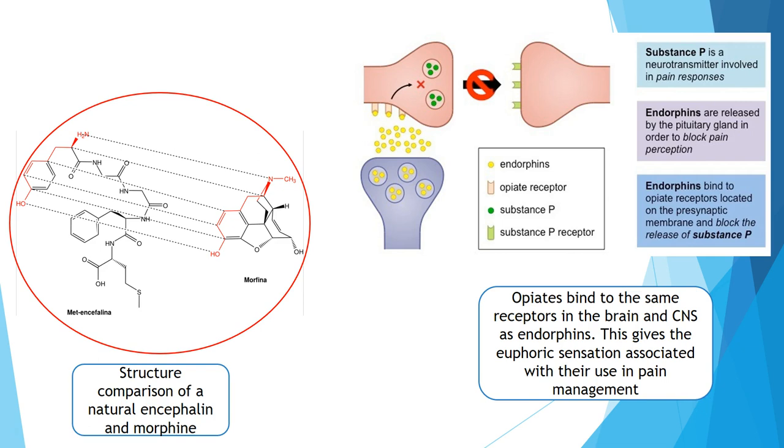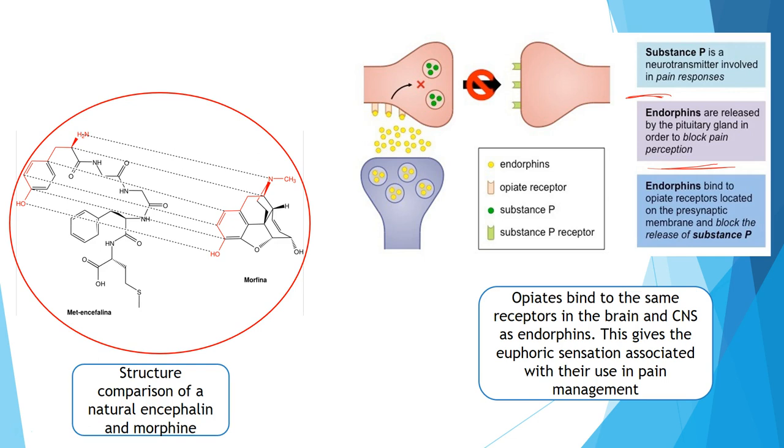If we have a look, what this usually means is these neurotransmitters that pass on the pain signals are linked to endorphin release. Endorphins are the brain's natural painkillers, and they're released by the pituitary gland, and they block pain perception.